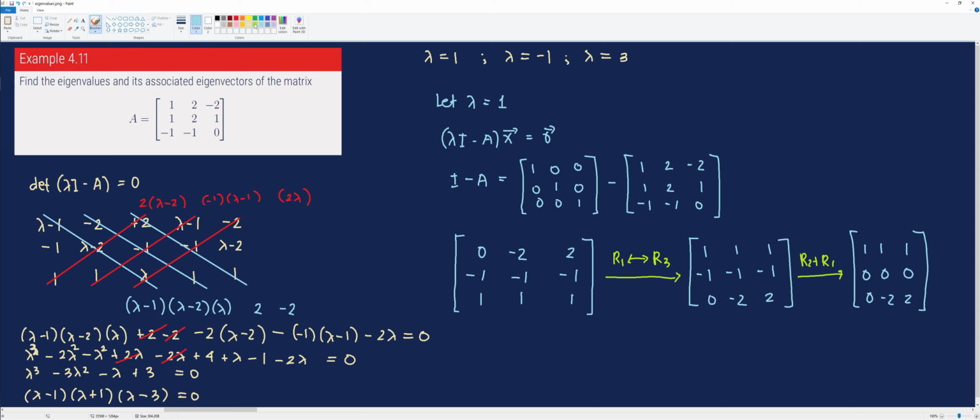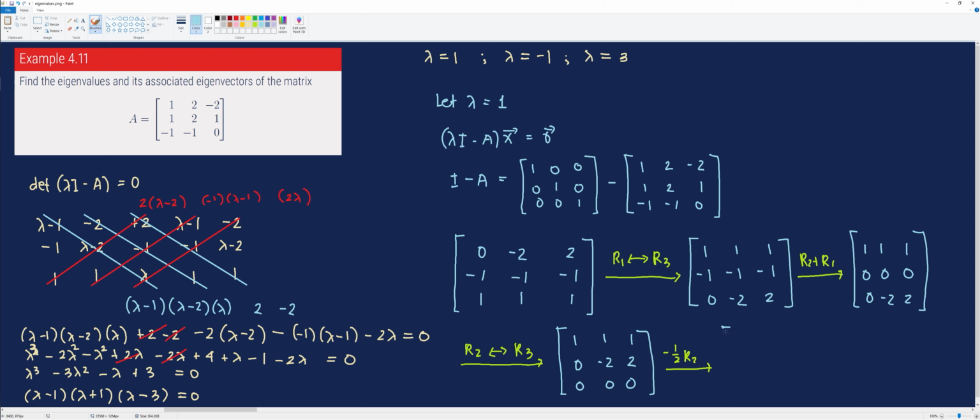Then we have this as our third row. Then I will switch row 2 and row 3. So the new matrix is 1, 1, 1, then 0, negative 2, 2, and 0, 0, 0. Finally, I will multiply the second row by negative 1 half.